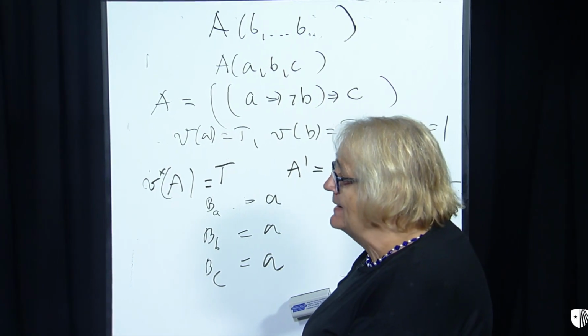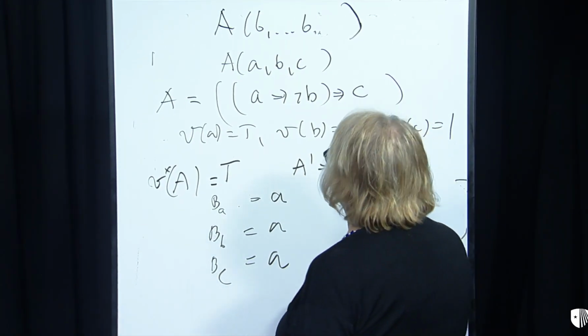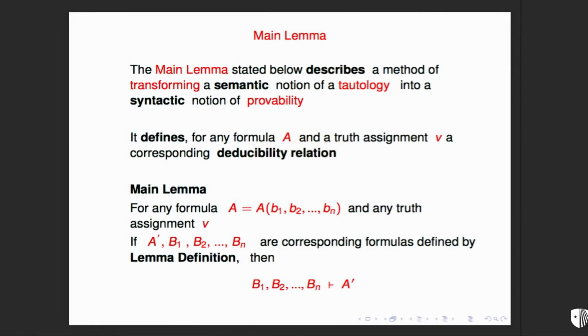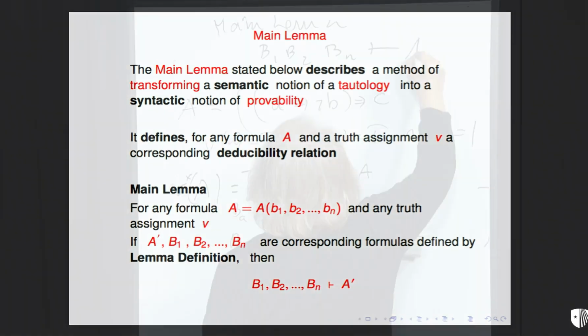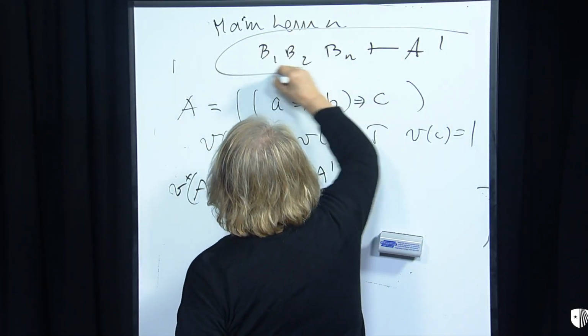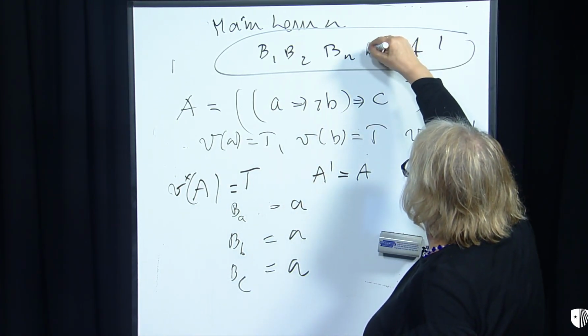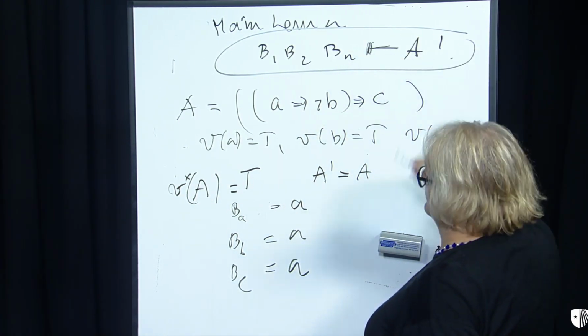And the main lemma now says that B1, B2, Bn proves A prime, you see? So when you have those B's, that gives you a proof of A prime.